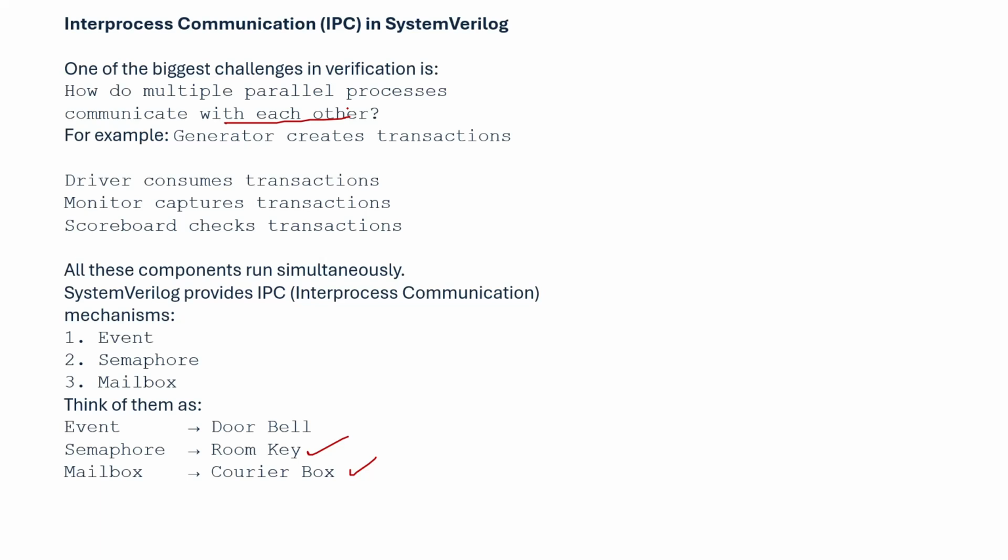The driver consumes the transactions, the monitor captures the transactions, and the scoreboard checks the transactions. Remember, in your entire test bench, the communication happens between the DUT and the test bench: the driver communicates to the DUT, and the DUT communicates to the test bench. This is my driver, and here there is a DUT.